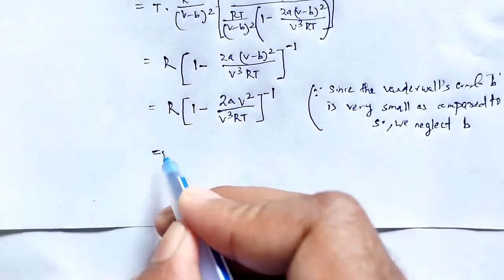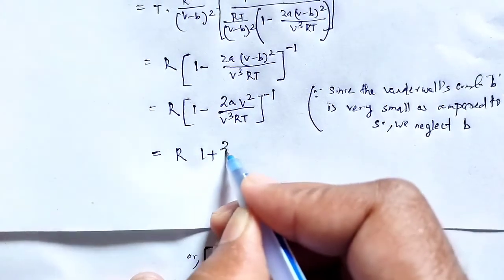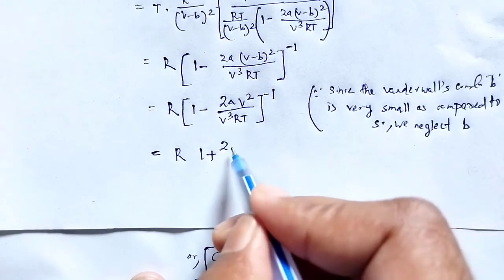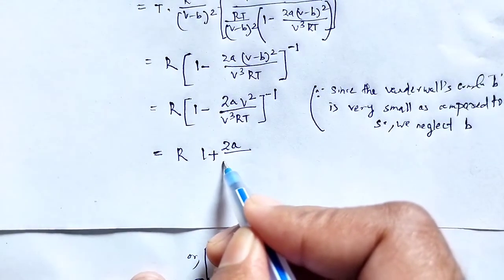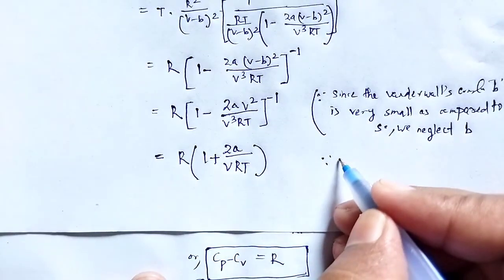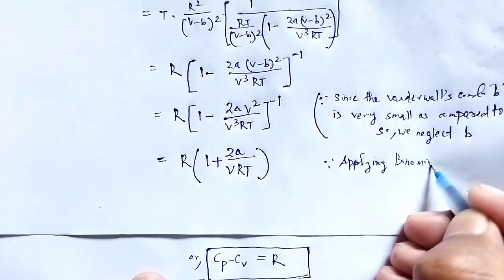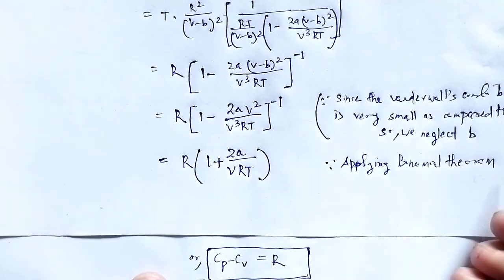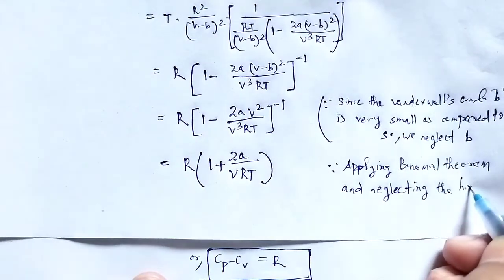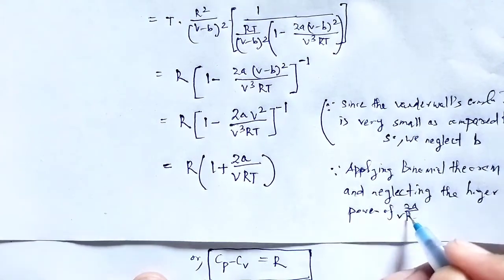Now expand it binomially. What we have? We get R into 1 plus, here one V cancels out, only V in the denominator exists, so 2a divided by VRT, applying the binomial theorem and neglecting the higher powers of 2a divided by VRT.